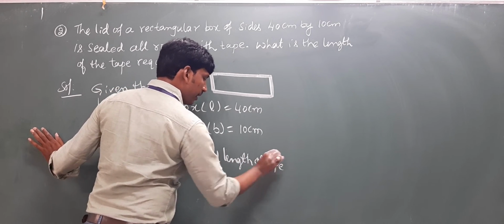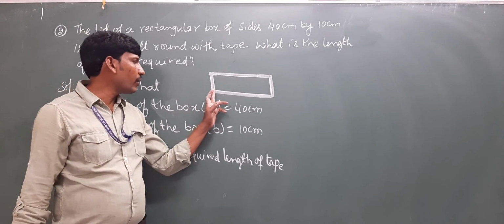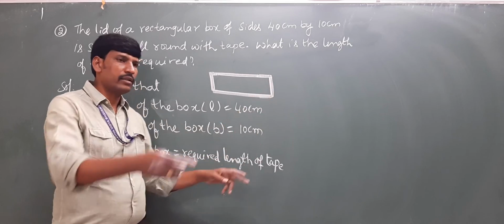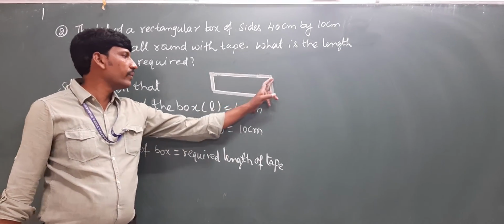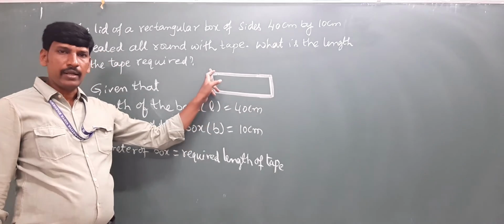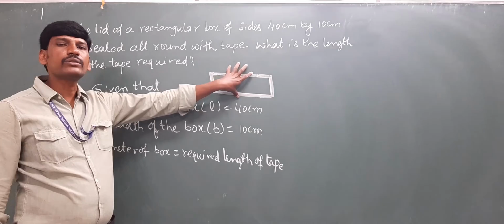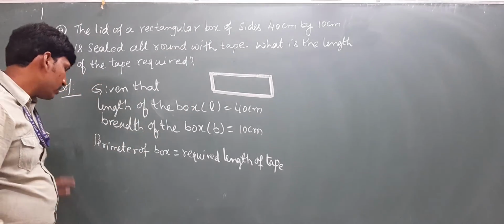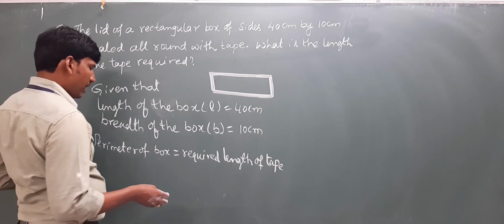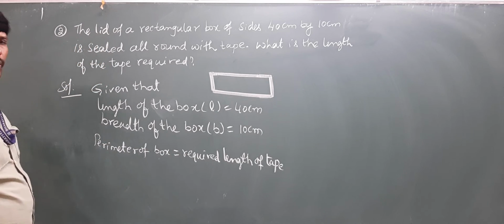Both are the same, because the boundary of this rectangle, the total boundary of this side, is nothing but what we sealed with tape. So to find the perimeter of this rectangle gives the length of the tape required. Clear? So now what is the perimeter of the rectangle? Again 2 into (L plus B).